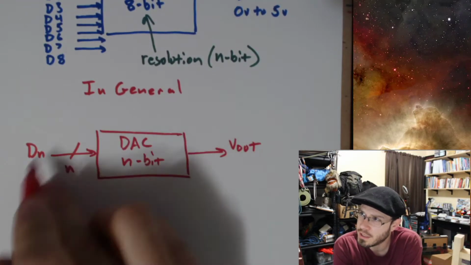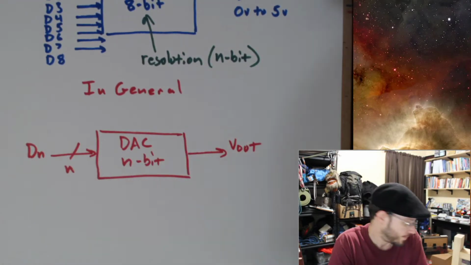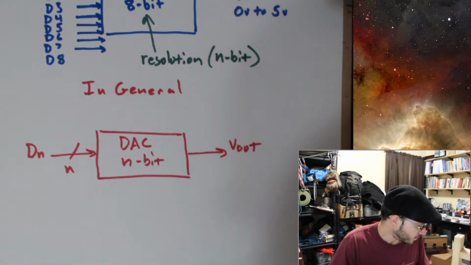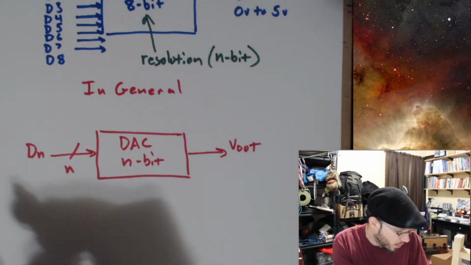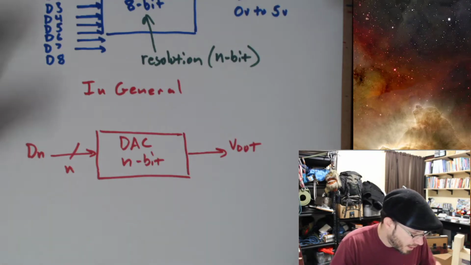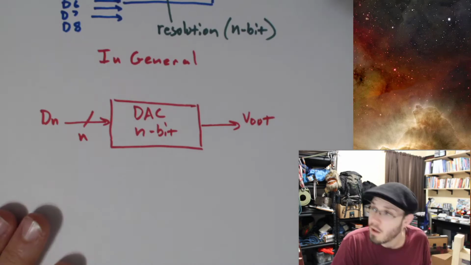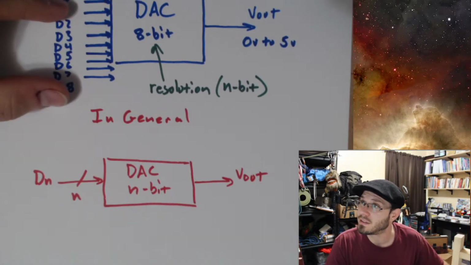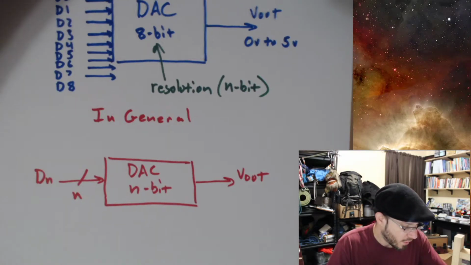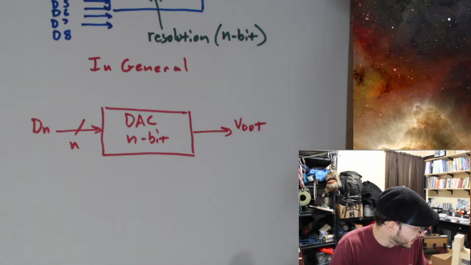And so more generally speaking, we would write it like this. Now, let's go ahead and clear up a couple of things over here. First off, we went ahead and talked about resolution. How many bits do I have? 4, 5, 6, 10, 16.